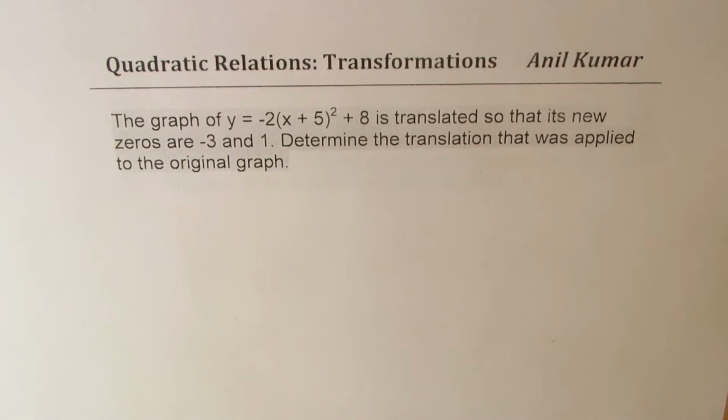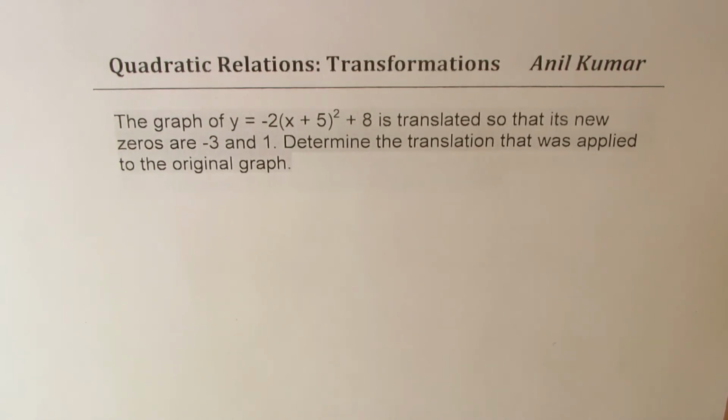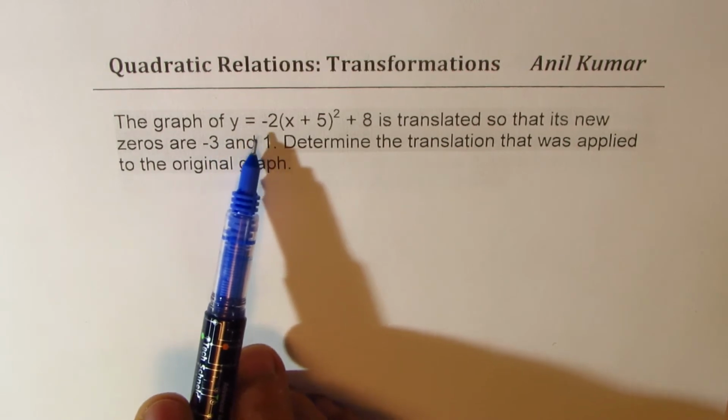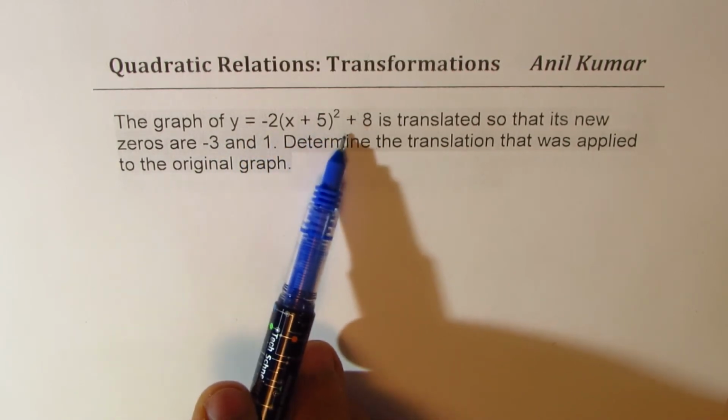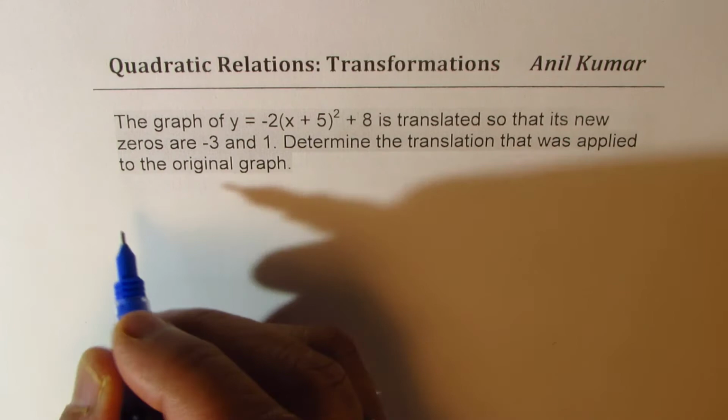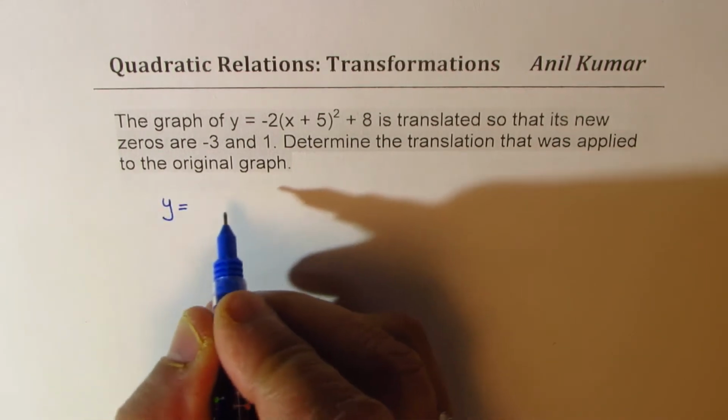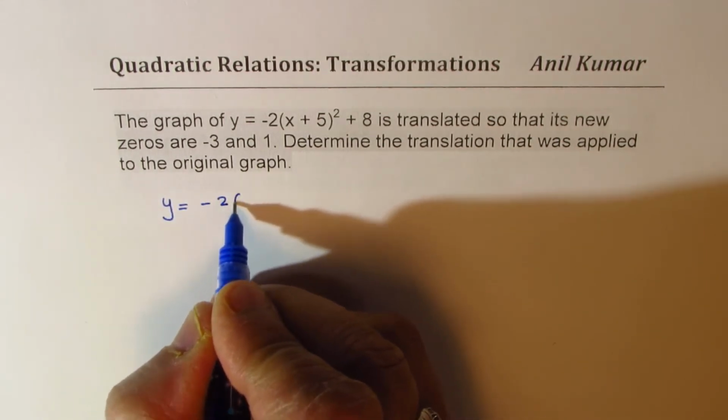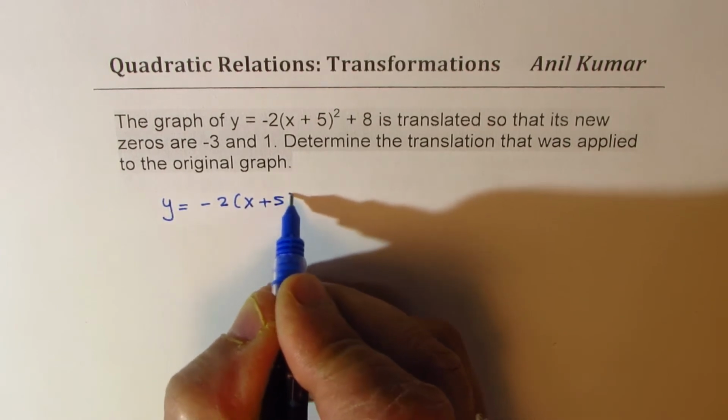The very first question is that the graph of y equals minus 2 times (x plus 5) whole squared plus 8 is given to us.